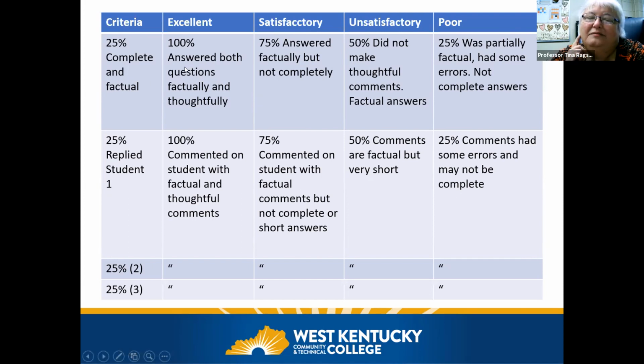Well, we use a Blackboard learning management system. I thought I had to have all 4 sections filled out. So I tried to figure out how I was going to fill out all 4 of those. So I made 100%, 75, 50, and 25. I now know I could just do 100 and 0, 0, 0. So I could have made that just 2 sections because all I wanted to know was whether it was right or wrong.